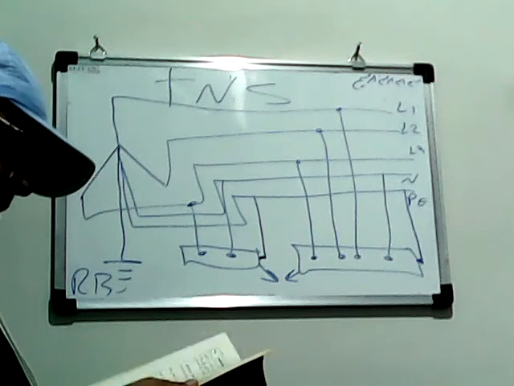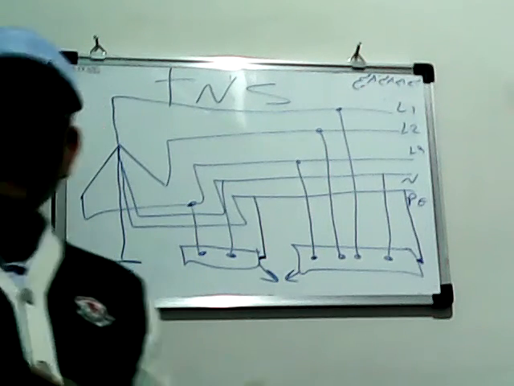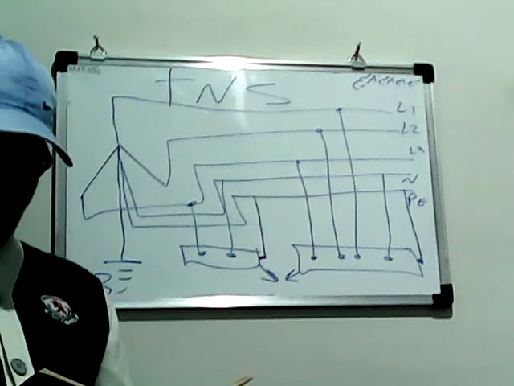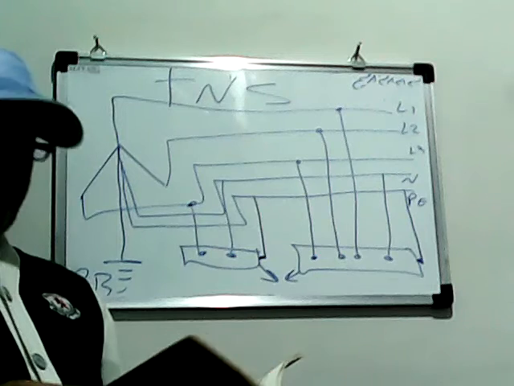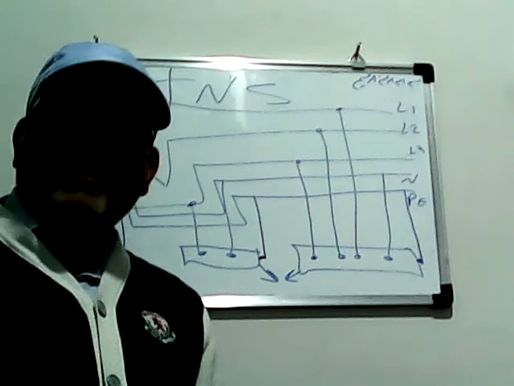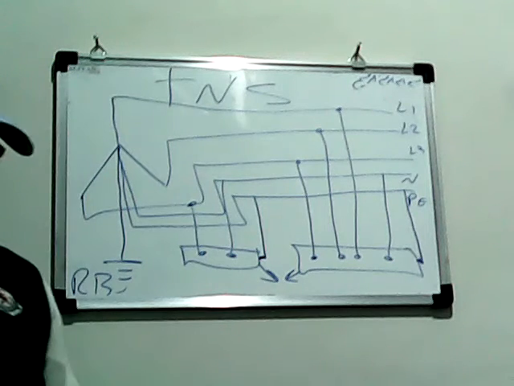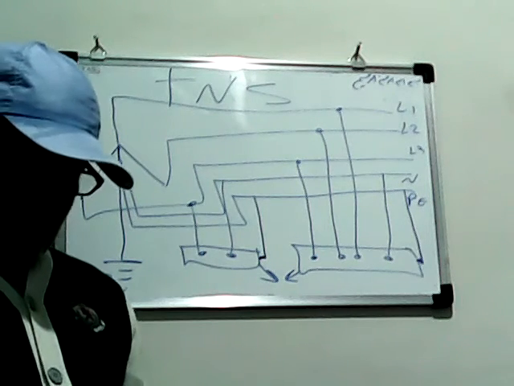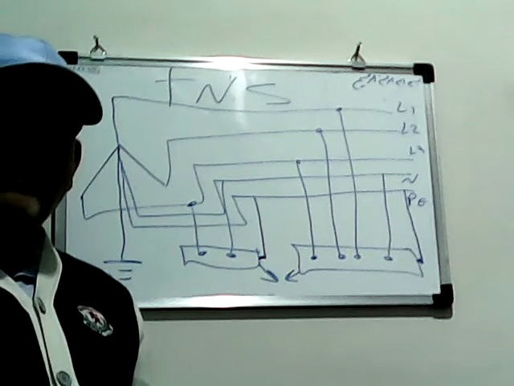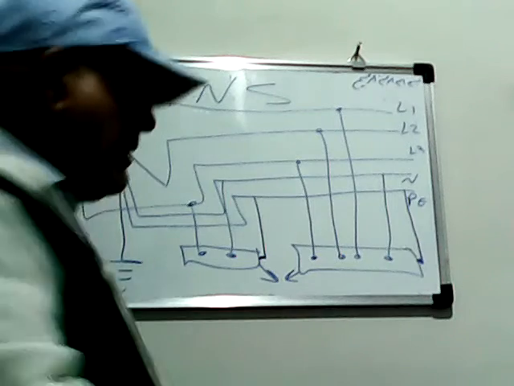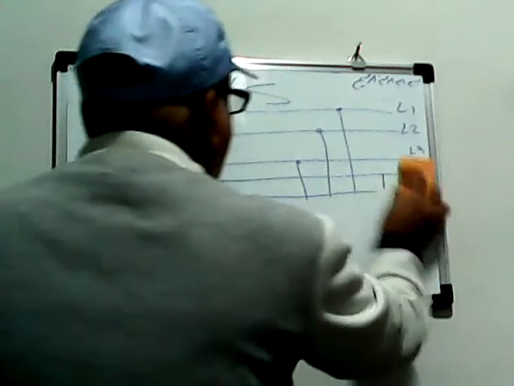TN-S is famous and very popular in Europe underground, and they use PE, protective earth, from the metal shield of the cable. They use the metal shield of the cable as a PE. It is an underground system.